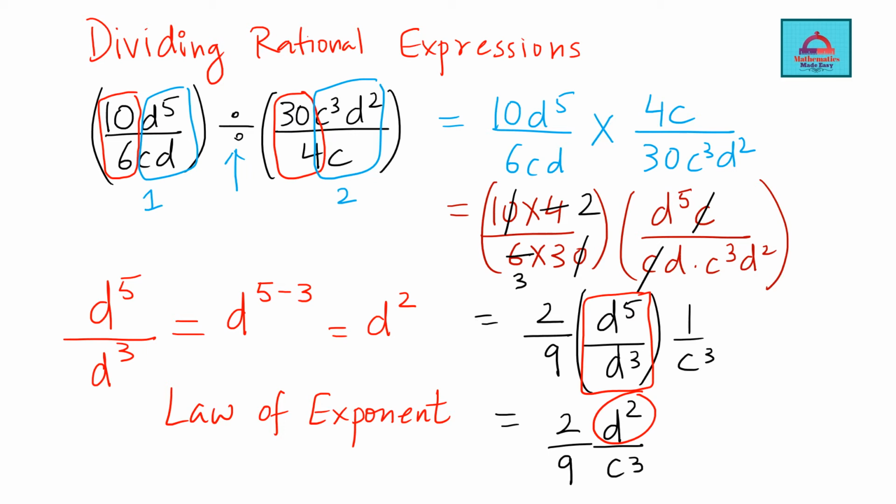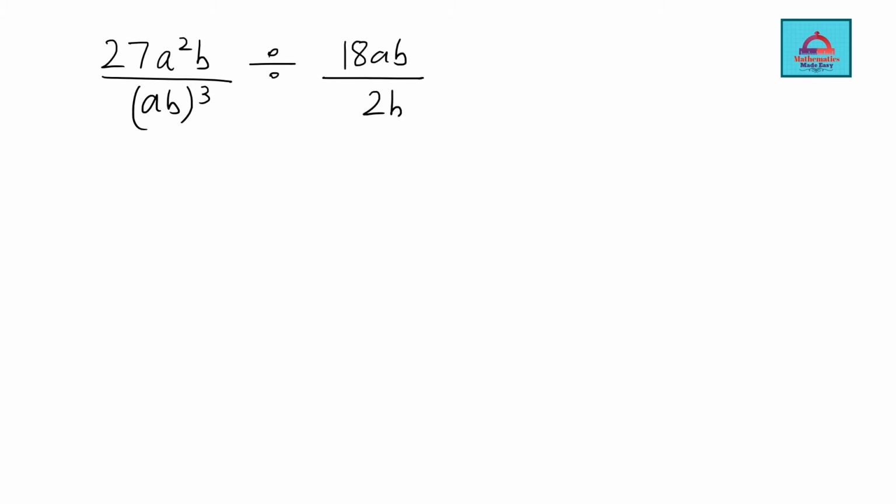Now I want you to try one question yourself. So the two rational expressions I'm giving you are these. This is the first one, ab whole cube, and the one by which you are dividing it is 18ab over 2b square. So please go ahead, start dividing.